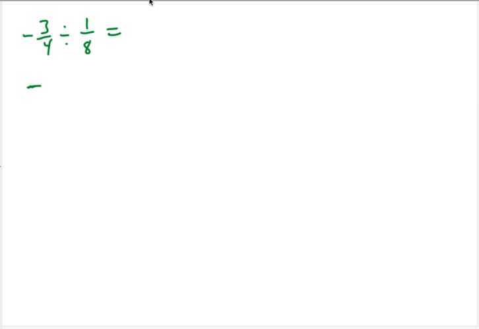Now remember, dividing fractions is the same as multiplying by the reciprocal. So we have negative 3/4. Then this changes to multiplication, and then the 1/8 changes to 8 over 1.